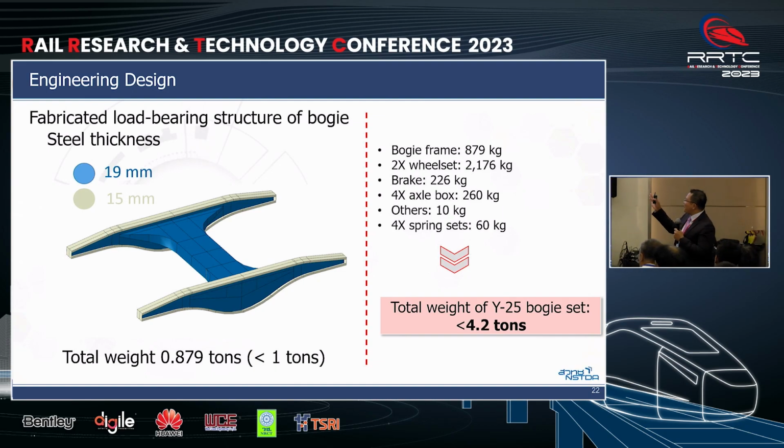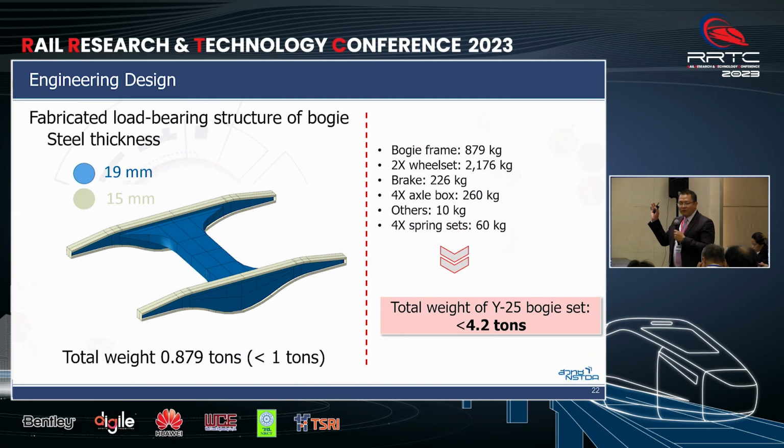As I mentioned, we design the bogie frame like this one. The thickness of the steel can vary depending on the location in the structure. The greatest thickness of the material is around 19 millimeters for the web structure, for the bolster, and so on.